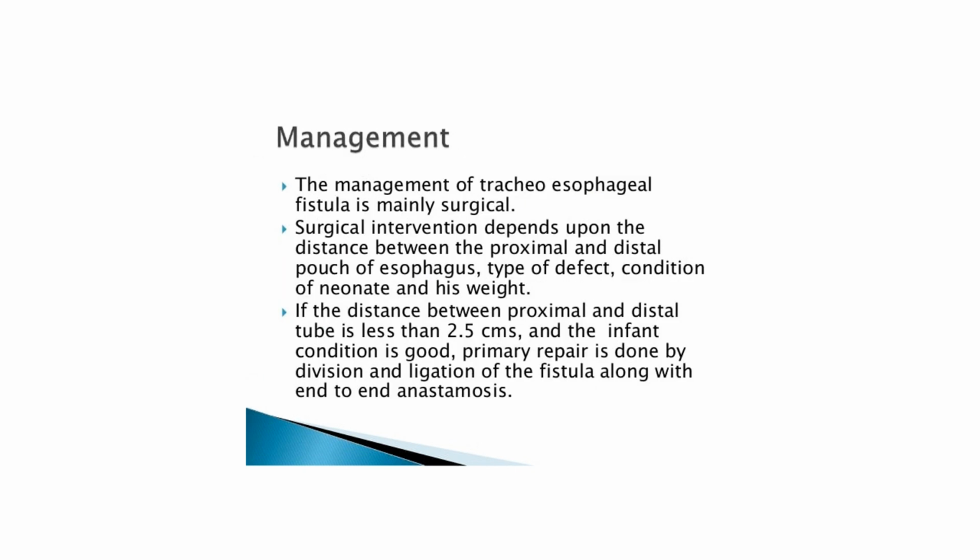Next is your management. So this tracheoesophageal fistula can be corrected by surgery, and in this surgery the surgeon will either connect both blind pouches of the esophagus, or remove that fistula from the esophagus, or close that fistula, depending upon the severity of the disease condition.